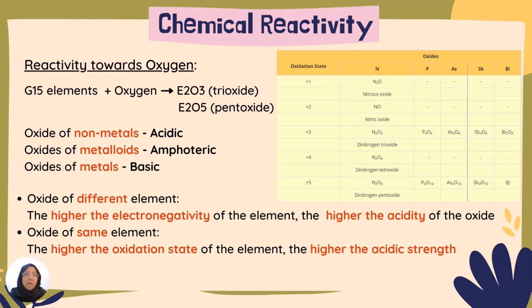Oxides of metalloids will become amphoteric. Amphoteric means it shows both acidic and also basic character. And oxides of metals will become basic. So among oxides of different elements, the higher the electronegativity of the element, the higher the acidity of the oxide. The second one, among the oxides of the same element, the higher the oxidation state, the higher the acidic strength.